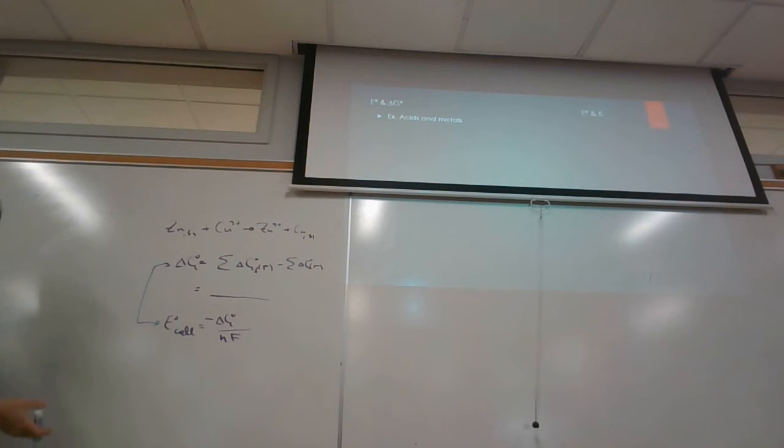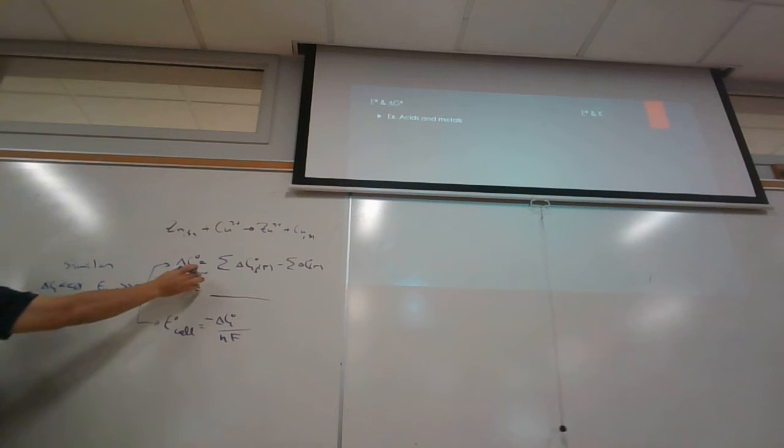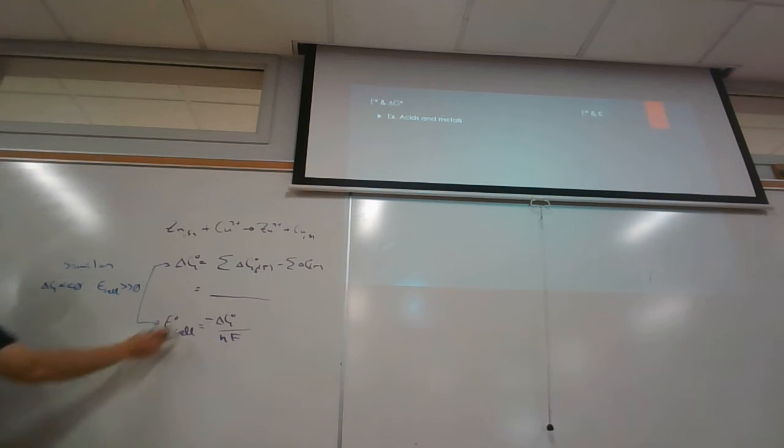They're similar because they tell us the driving force, right? If delta G is very negative, that's a strong driving force. That's going to mean E cell is very positive. So if delta G is much less than 0, that means E cell is much greater than 0, because the negative changes the sign here.